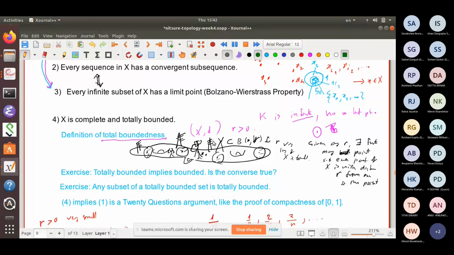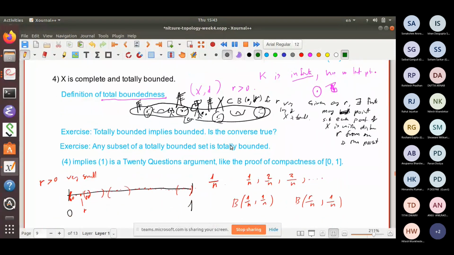Yes, if the power of the tower, if the radius is very large, you can do it. But for every radius, can you do it? And that's the question of total boundedness. So you were given these exercises. Totally bounded implies bounded, the converse, any subset of a totally bounded set is totally bounded, and so on.